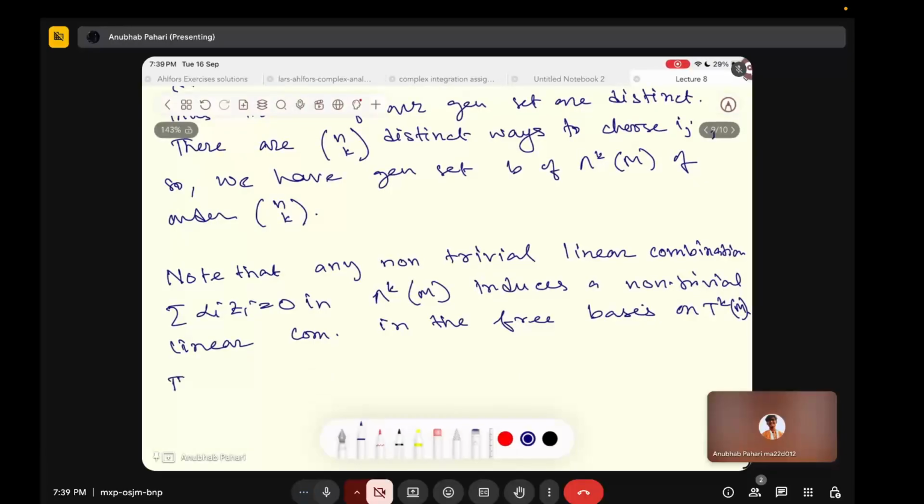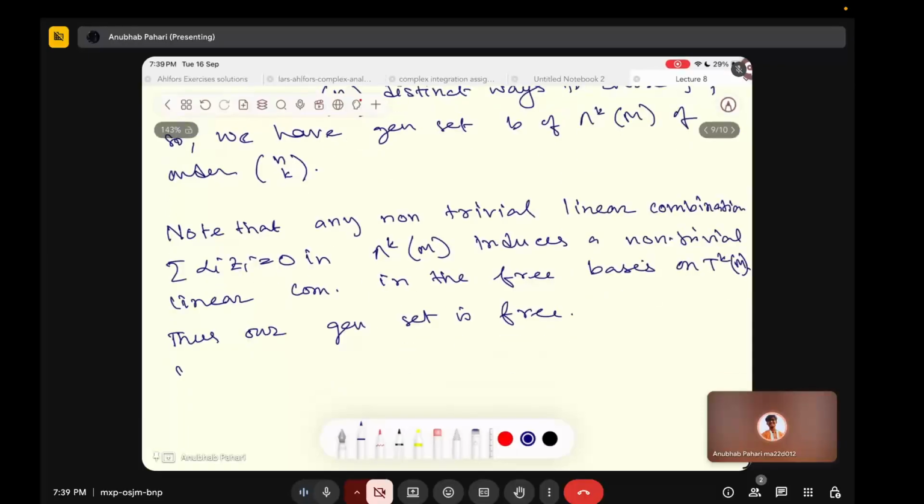Thus our generating set is free, so we are done.